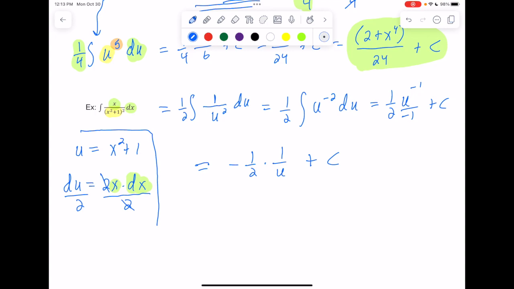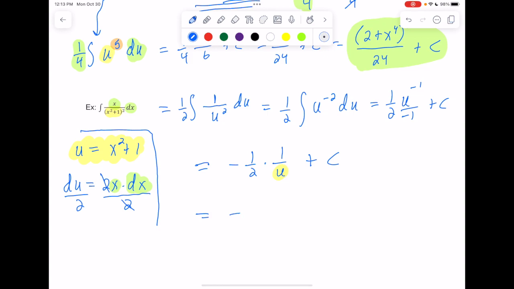And then finally we have the issue that our variable is not correct. We started out with a question about x. Right now we've got an answer in terms of u. So I back substitute, and for that back substitution, we're just going back to this. u equals x squared plus 1, so we'll substitute that in place of the u right there.